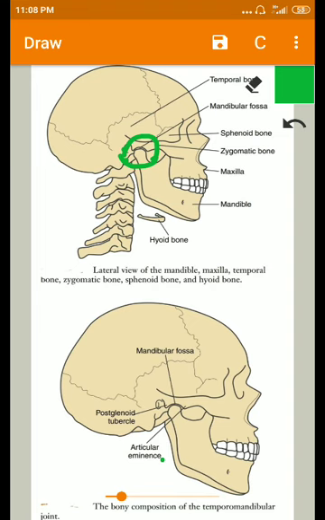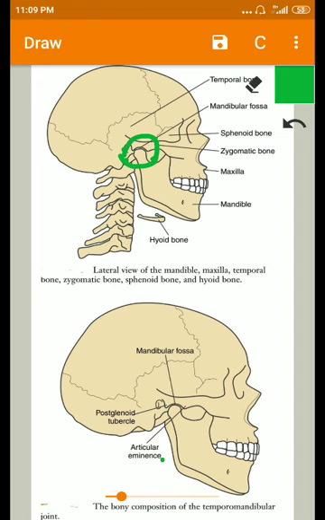So finally, with all these factors, we conclude that the temporomandibular joint is a unique joint in the body because of its complexity in structure and in its function.